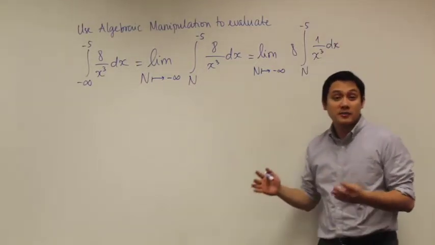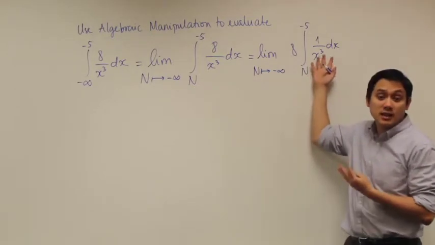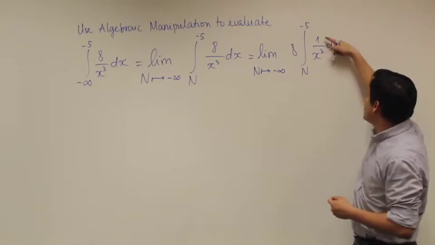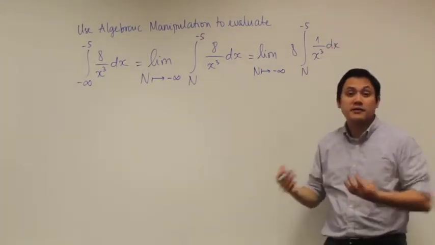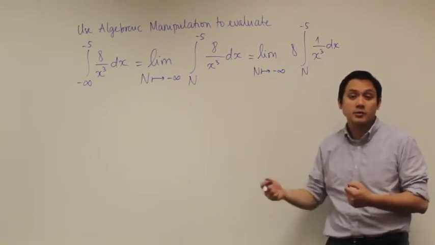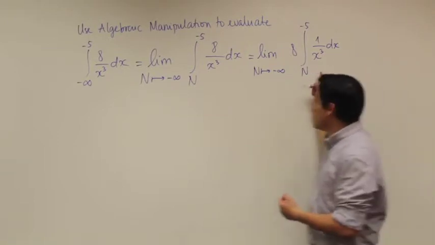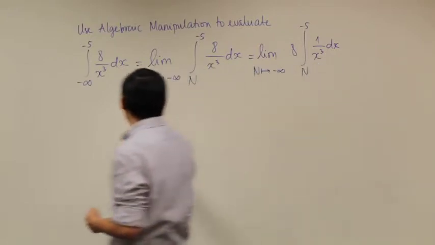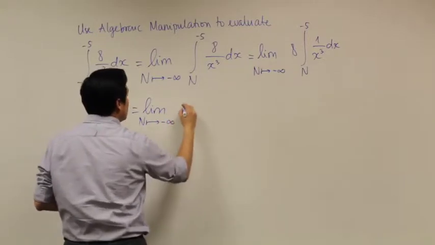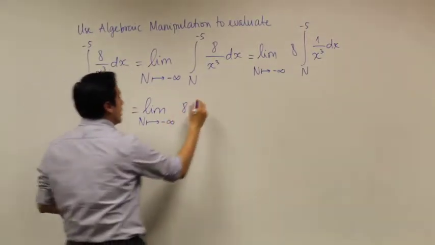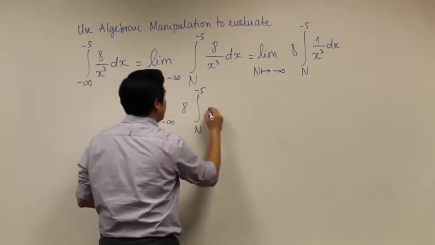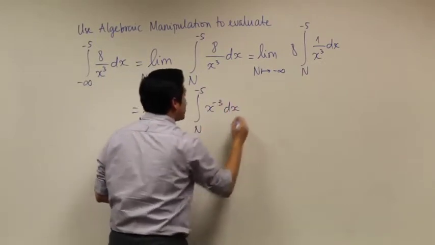The next step is that I'm trying to find the antiderivative. The antiderivative of 1 over x cubed is not very obvious, but you can change it to a power function and then use the power rule. So I rewrite this as the limit as n goes to negative infinity of 8 times the definite integral from n to negative 5 of x to the negative 3 dx.